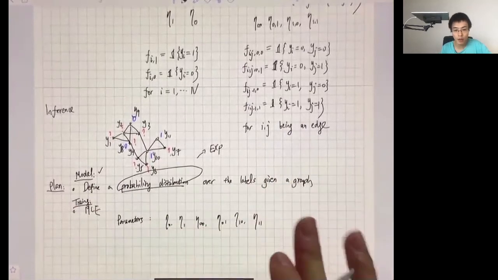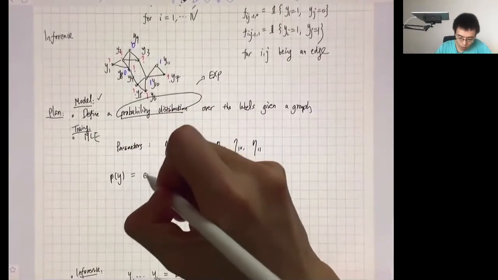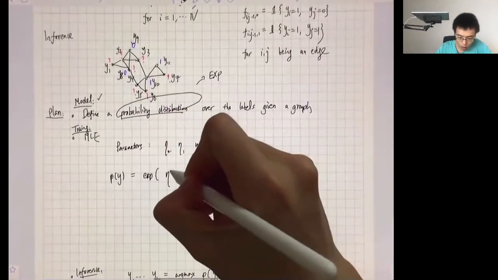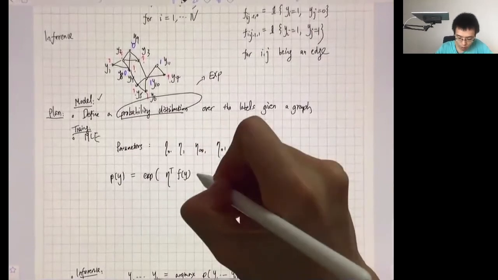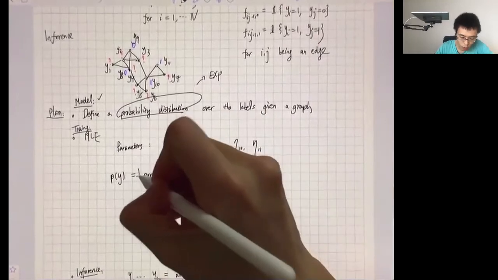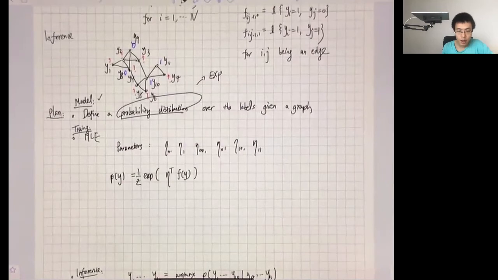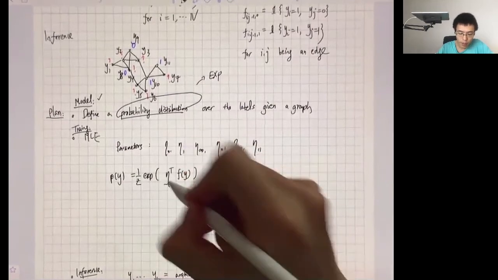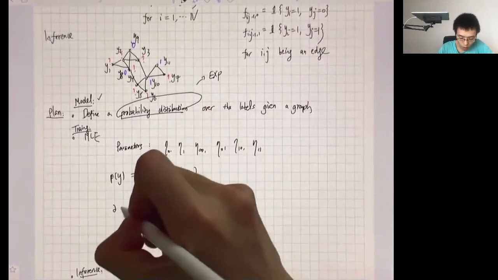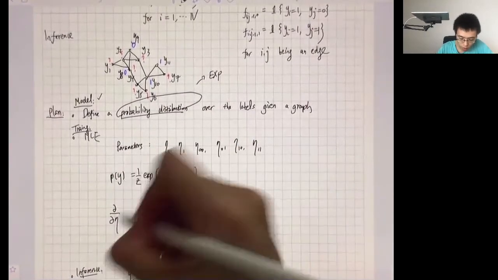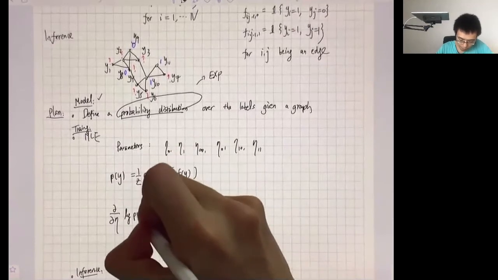Anyway, there are many parameters, but in general, I can say my probability distribution is the exponential of θ transpose some feature of y, minus A(θ), or I can say it's 1 over Z. Then I can do the gradient-based learning for θ, and I can take the partial derivative of the log likelihood with respect to θ.